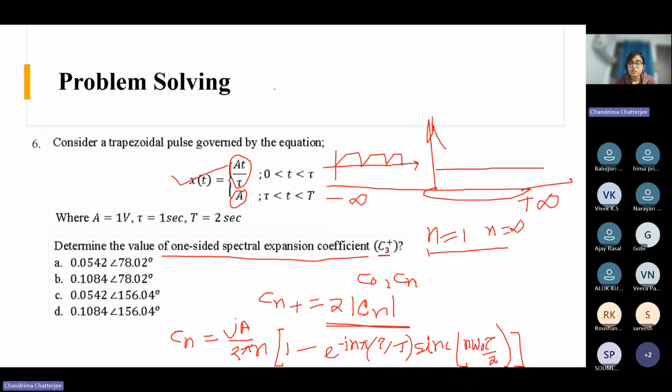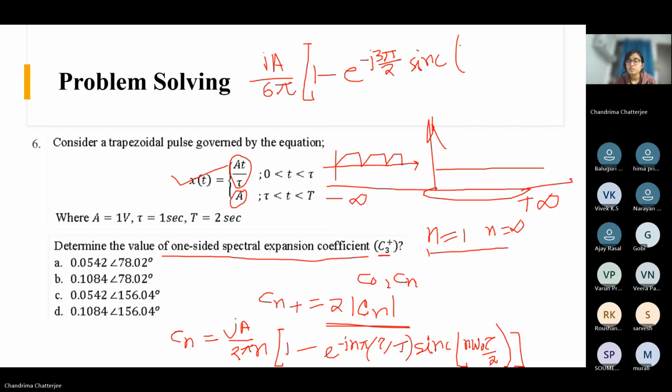Now for the third harmonic, this remains the same, Ja, and now n is equal to 3, so 6 pi here, 1 minus e to the power j 3 pi by 2, and sinc of 3 pi by 2.